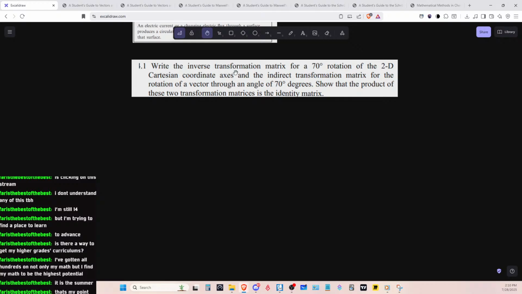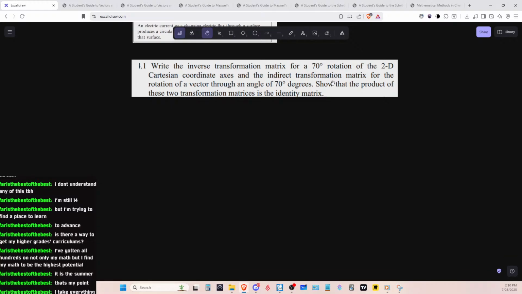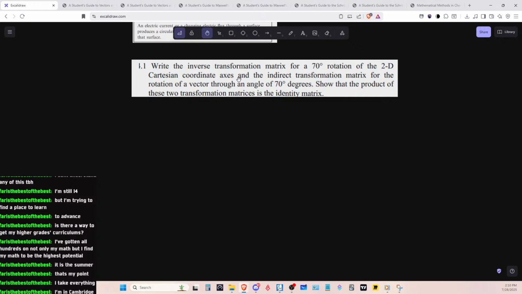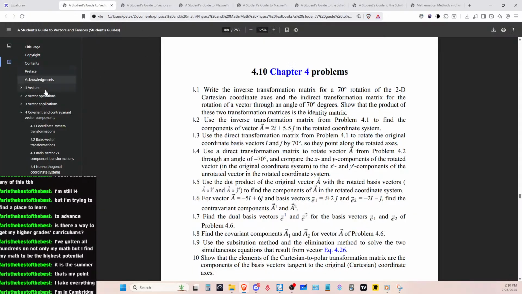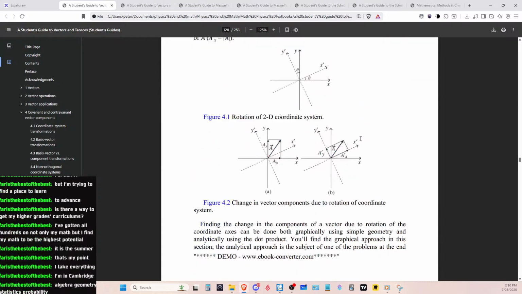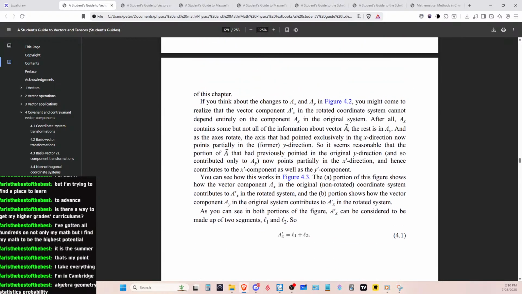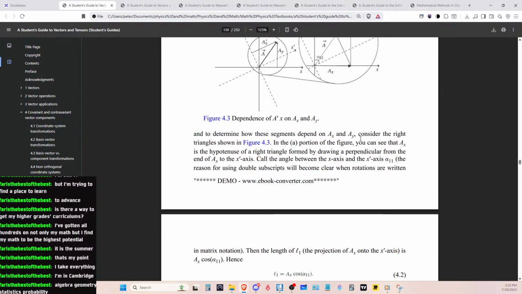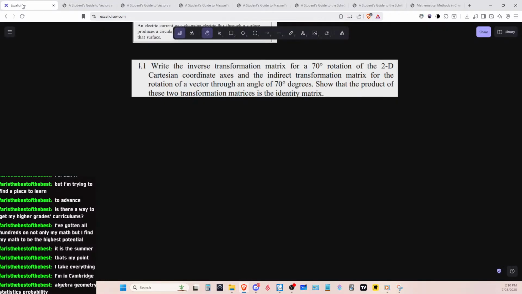Write the transformation of 70 degrees in the Cartesian axes and the inverse transformation. Show that the product of these two transformations is the identity matrix. Oh, okay. That sounds like an idea. So I'm guessing the transformation matrix they're talking about is this.